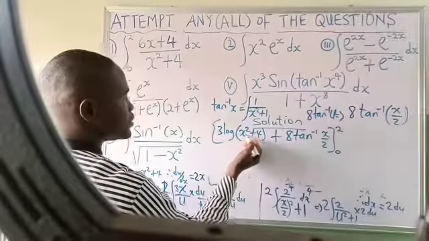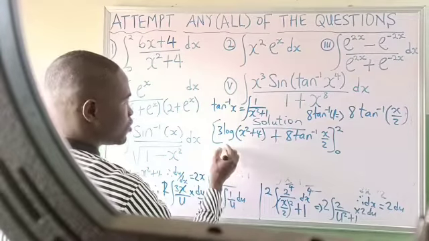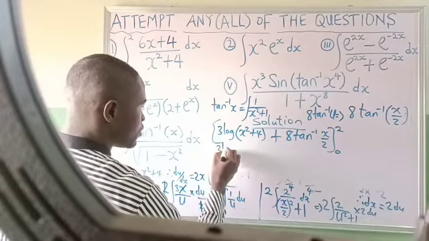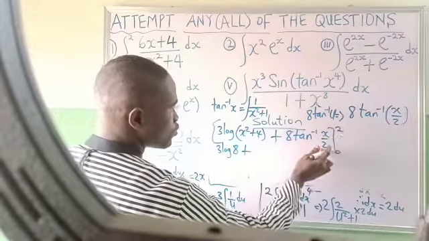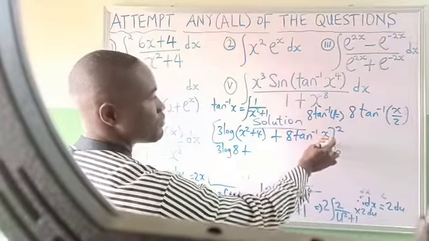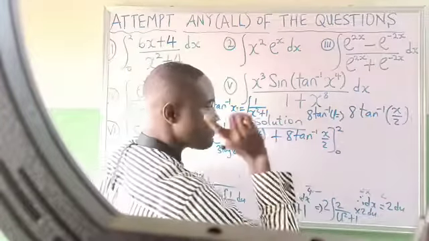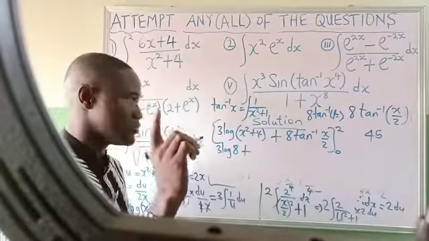Now, to get our final answer, we'll carry 2, put here 2 squared, 4. 4 plus 4, 8. We'll have 3 log 8 plus 2 over 2, 1, tan inverse of 1, 45. Tan inverse of 1 is 45 because tan 45 is 1.